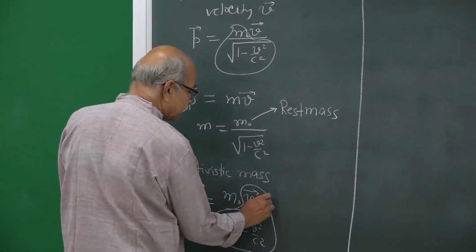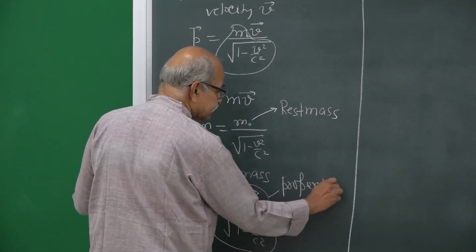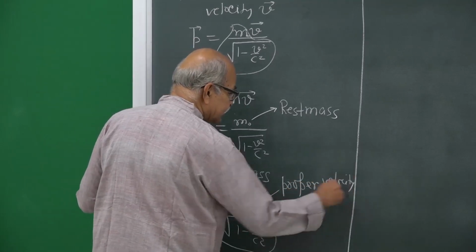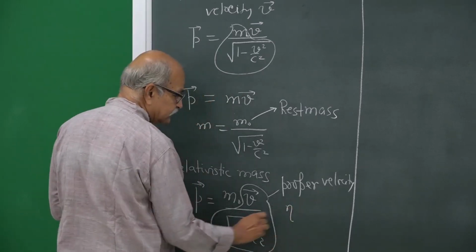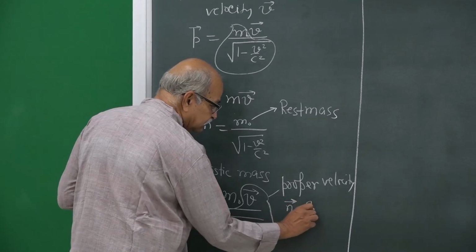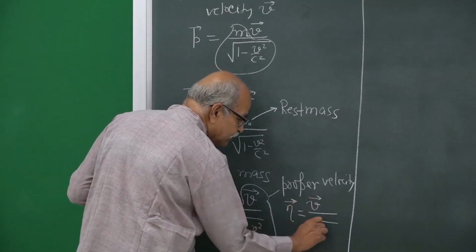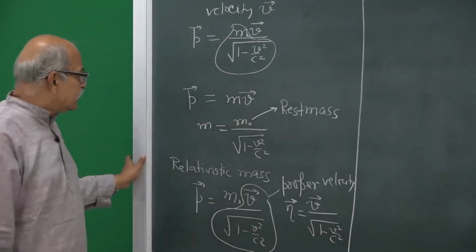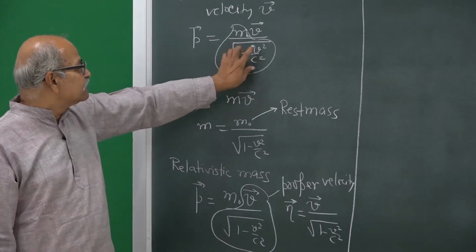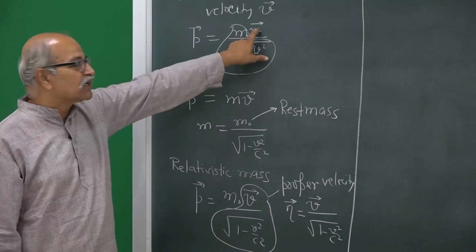I will just tell why it is called proper, and it is given a symbol generally eta. So, eta is actual velocity divided by square root 1 minus v square by c square. So, you can absorb this factor with the mass, or you can absorb this factor with the velocity.